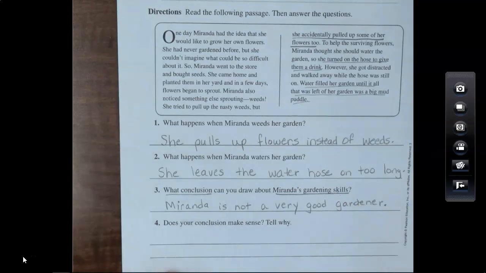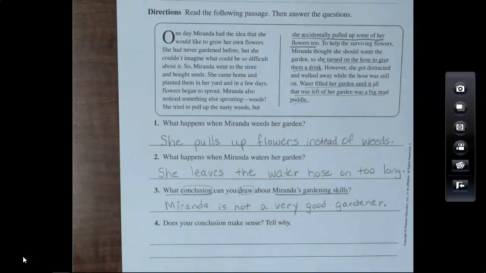She can become a good gardener if she's taught, and she'll learn. But as of right now, her skills aren't very good with gardening. That's our conclusion. We can draw that conclusion from what we know, from what she did, and from the facts. Miranda is not a very good gardener.